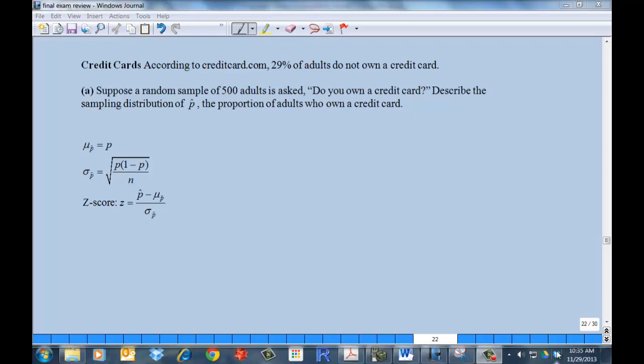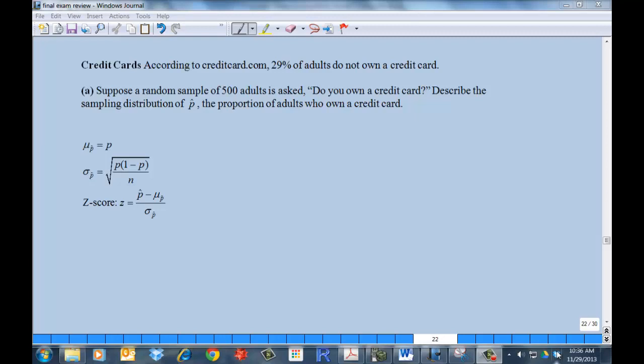And this is just to give us an idea of what the percentage of Americans is who say yes, I do, and no, I do not. So when we ask this question, we're really getting the percentage of adults who do own a credit card, and the percentage of adults who do not own a credit card.